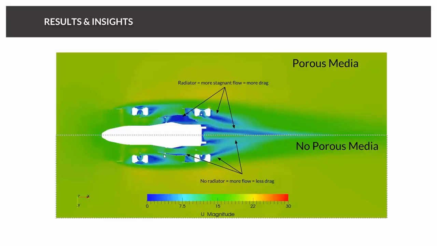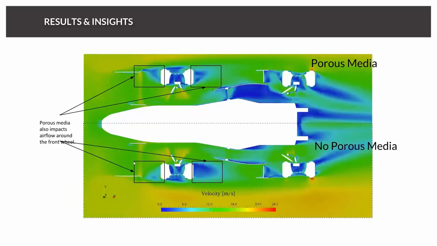Now it becomes even much more interesting, because through the radiator we have more stagnant flow and more drag, but not only more drag, also now you can see the whole flow around the car is looking different. Let's zoom in. So again, the upper picture has a porous media, the lower one not.